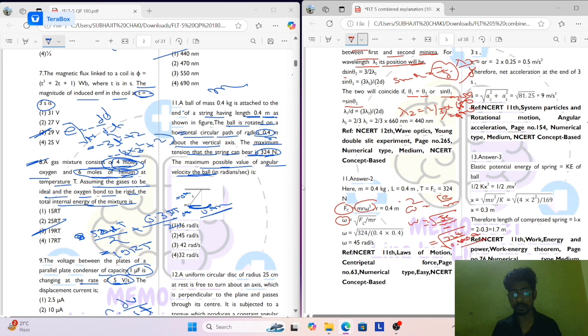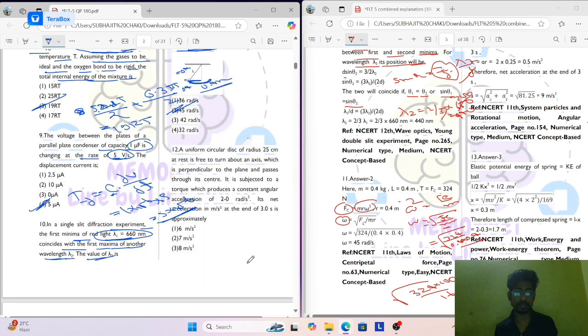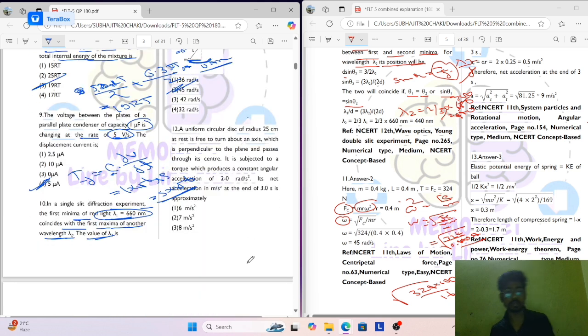So therefore, it will be 324 into 100 divided by 16, means 18 into 10 by 4, means 180 by 4, means 45. 45 will be our correct answer here. Simply you can calculate this without any long calculations.